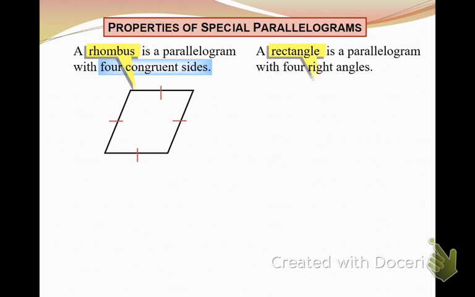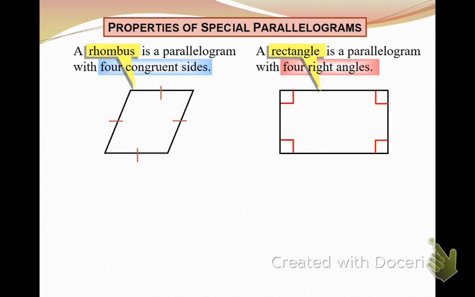The second kind you're talking about is a rectangle. It is also a parallelogram, so it also has all of those 4 properties. But it also has 4 right angles. So a rectangle is a parallelogram with 4 right angles.